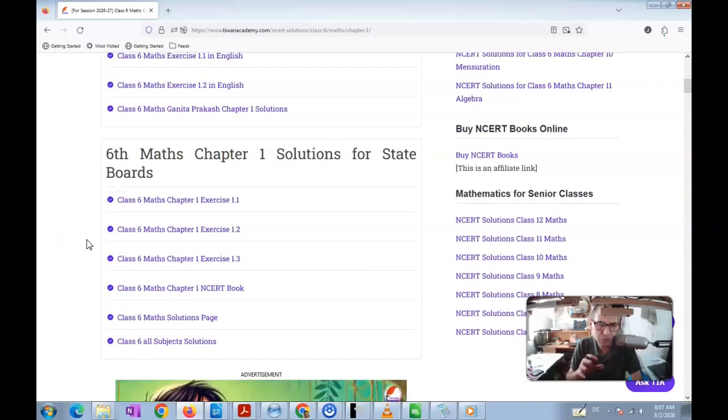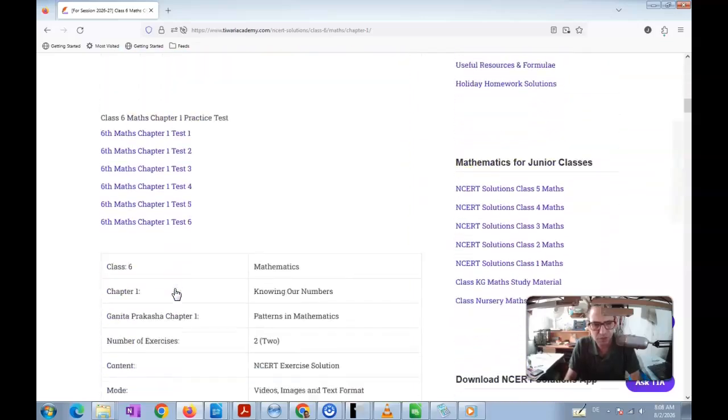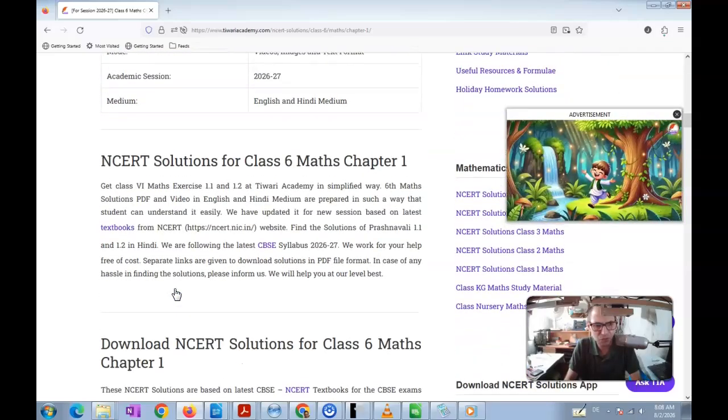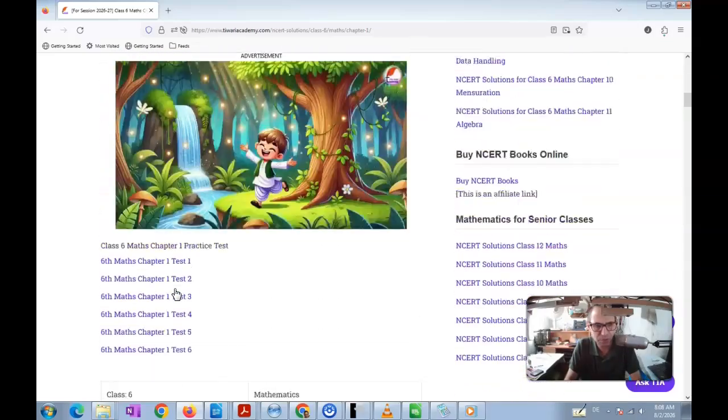You need to learn how to use it. So if you come a little bit down here, it says 6 math chapter 1 solutions for state boards. And over here we have exercise 1.1, 1.2 and also 1.3. The rest of these you don't have to worry about, and the rest of the page you don't have to do anything.